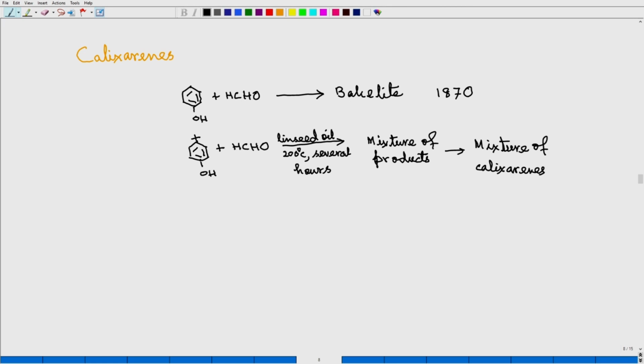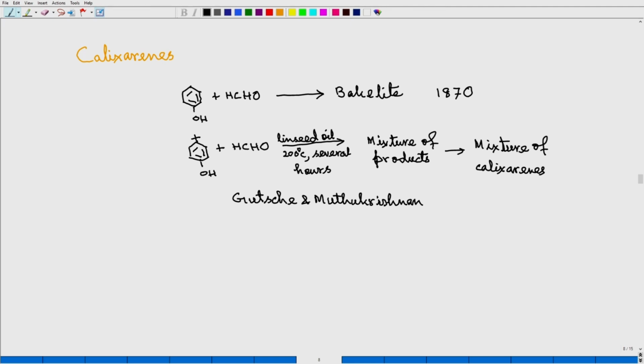Okay. And this calixarene's name was coined by two persons, one of them is Indian also, Gutsche and Muthukrishnan. They gave the name calixarenes.